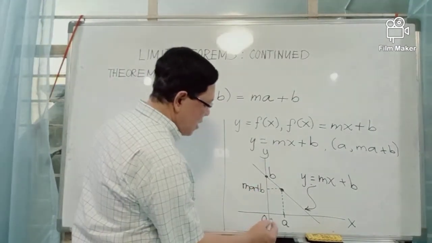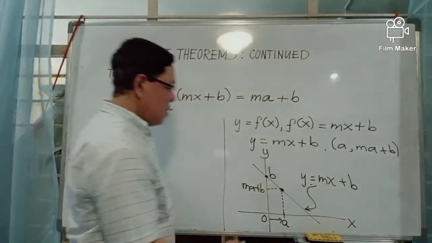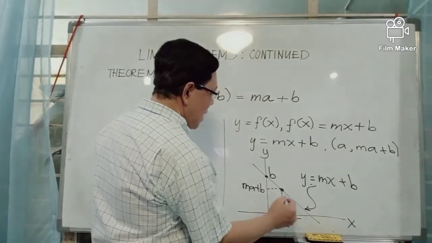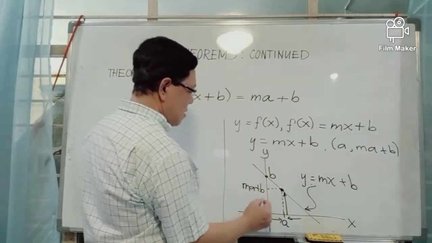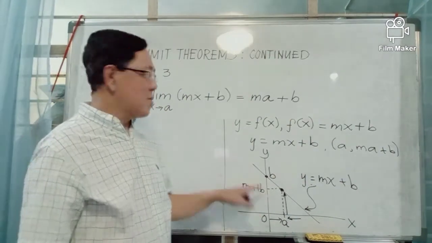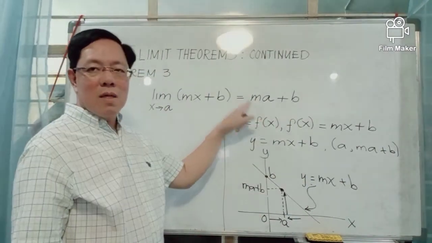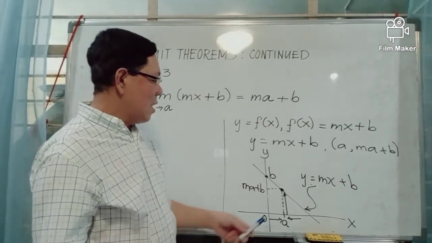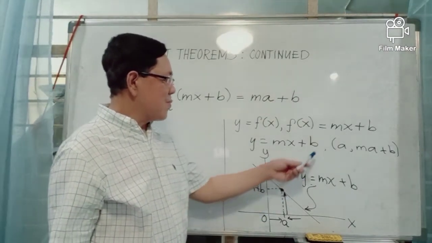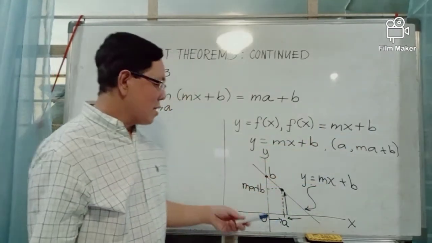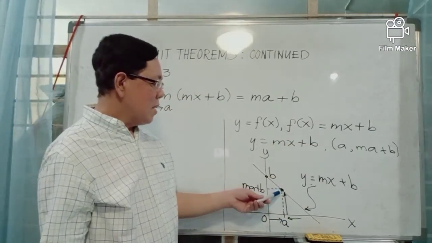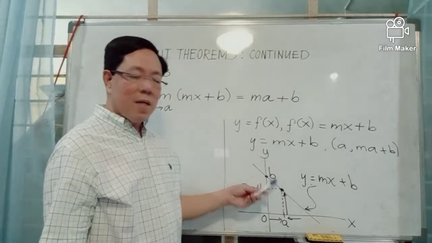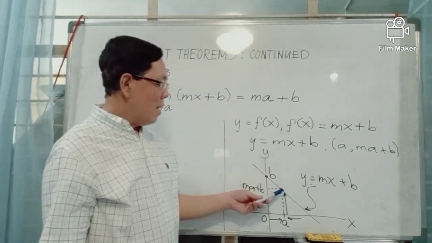As x approaches a, either from the left or from the right, the value of the function approaches ma plus b, as the third limit theorem says. And you can see that because the limit of this function mx plus b exists as x approaches a, it is represented geometrically by this point, by the graph with no break at this point.